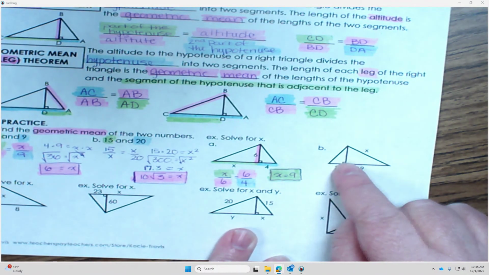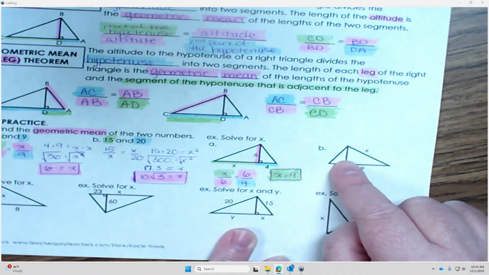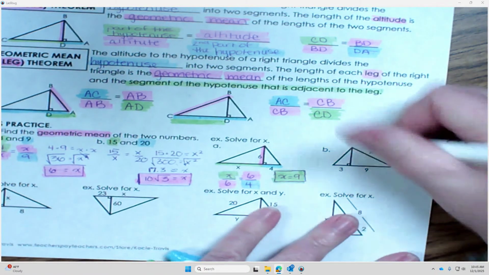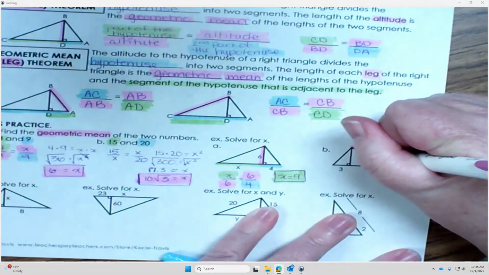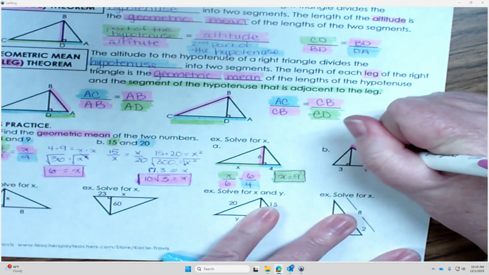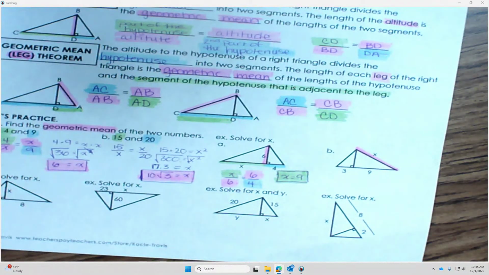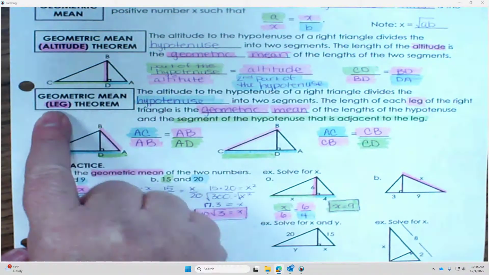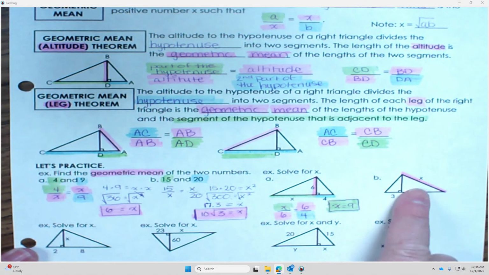There's no letter, there's no number, nothing's there. So that makes me think we're going to use the leg. So I'm going to notice that this leg right here is x units long. Okay. So when I'm deciding which one of my theorems to use, I'm not going to use altitude anymore. I'm going to use the leg because they gave me a leg to deal with. They did not give me the altitude.